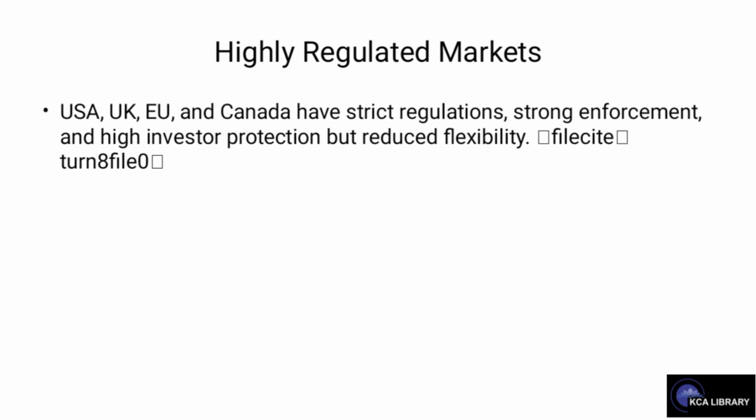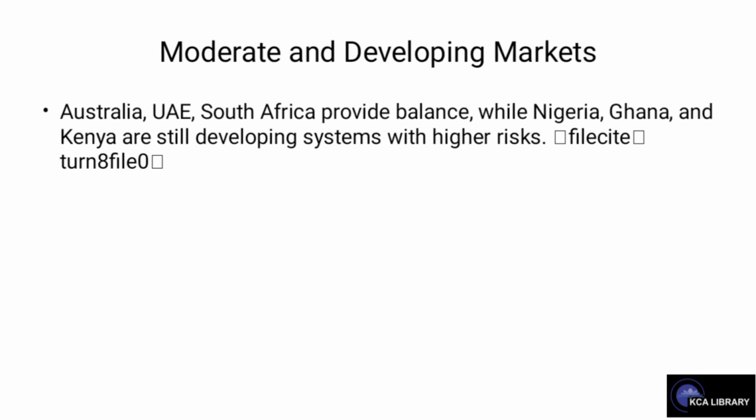They have strict regulations, strong enforcement, and high investor protection, but reduced flexibility. Moderate and developing markets include Australia, UAE, South Africa. They provide balance, while Nigeria, Ghana, and Kenya are still developing systems with way higher risk.